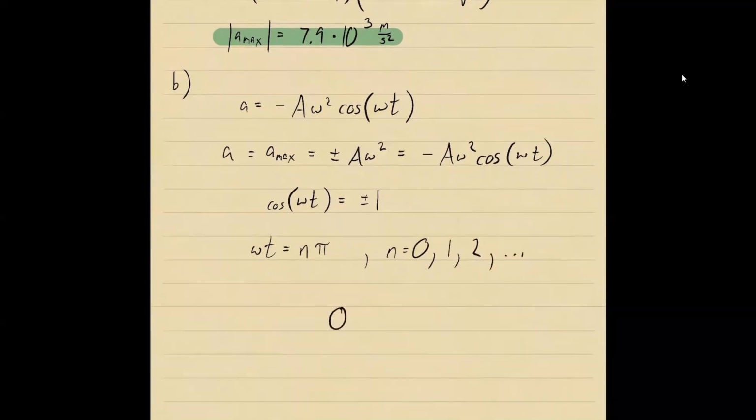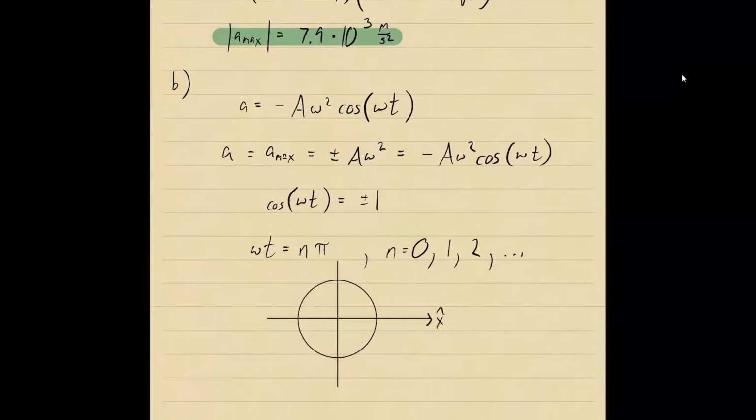So if we were looking at this through the reference frame of the reference circle, that's x, that's y. And so this right here corresponds to 2 points. It corresponds to here and here, right? Because if you plug in 0, 0 times pi is going to be 0, which is right there.